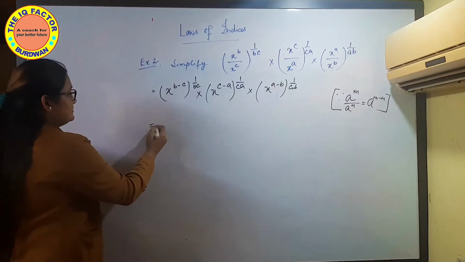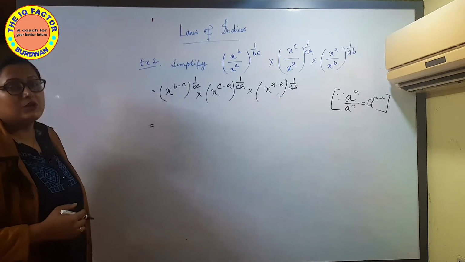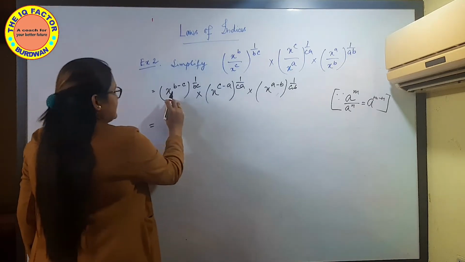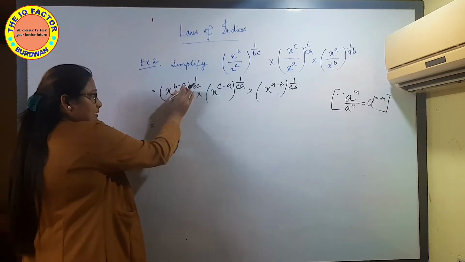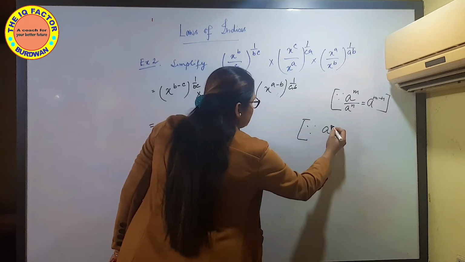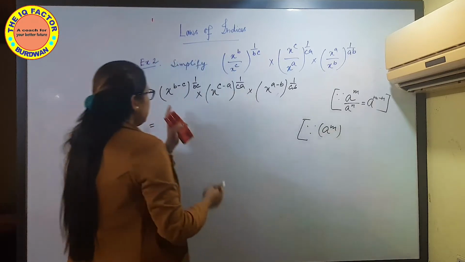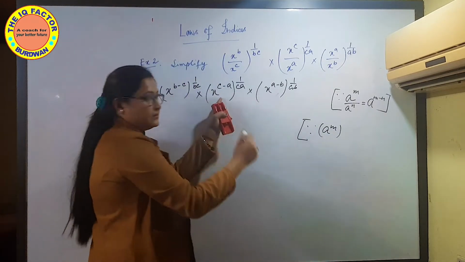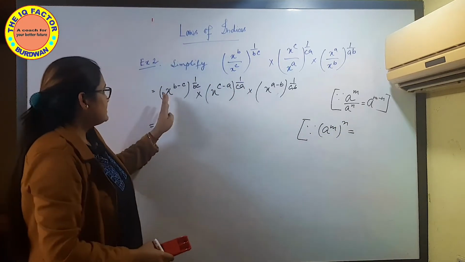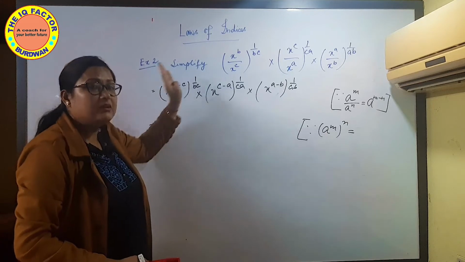Now, another law of indices we have to apply. What will x to the power something, whole to the power 1 by bc, be? Isn't it like a to the power m, whole to the power n? How can we apply it? It is x to the power something to the power that.